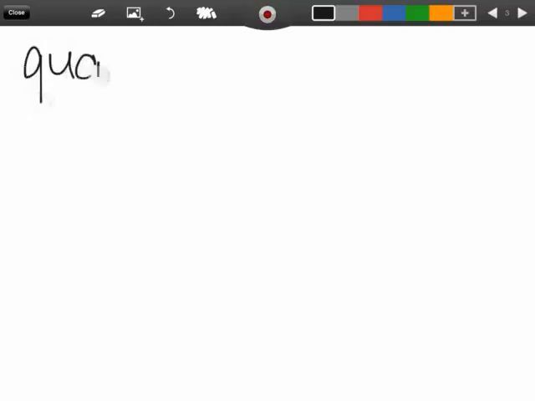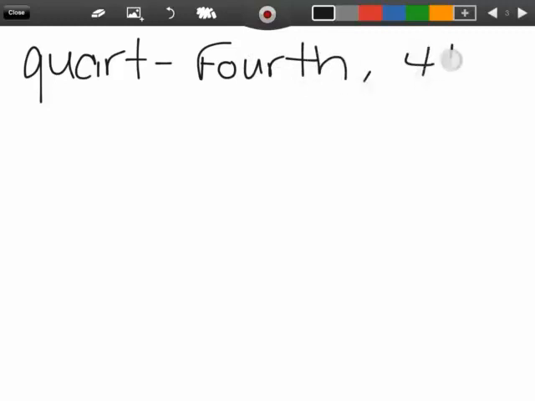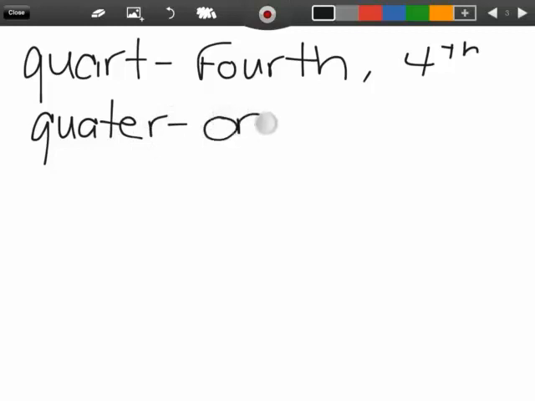quart, and that means fourth. I'm going to go ahead and write that here also, fourth, and I'm going to give you an example, and that is quarter, meaning 1/4.